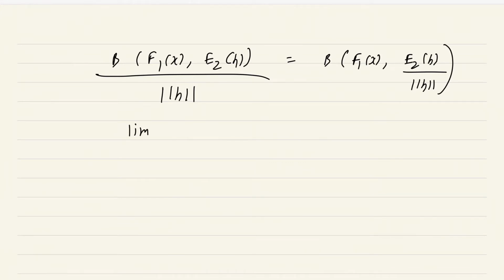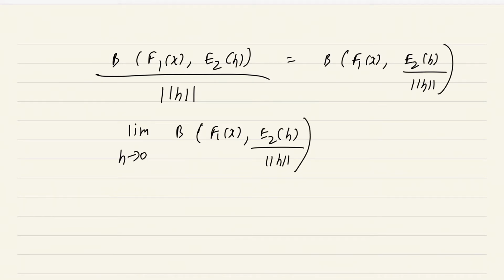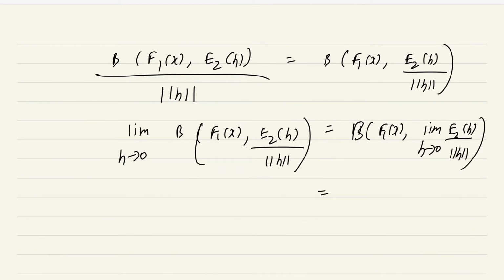Now when I take the limit as h goes to 0, I can push the limits all the way inside simply because b is a continuous mapping. So this is nothing but b of (f1(x), limit as h goes to 0 of e2(h)/norm h). And this is nothing but b of (f1(x), 0), which is just 0 by bilinearity.